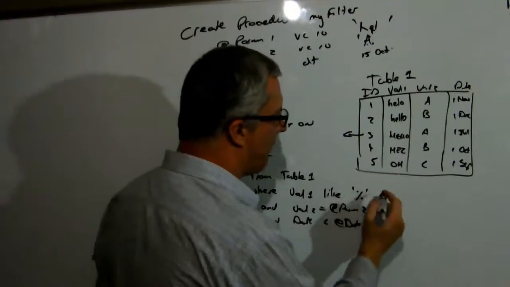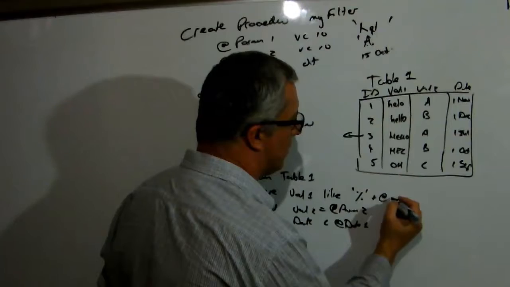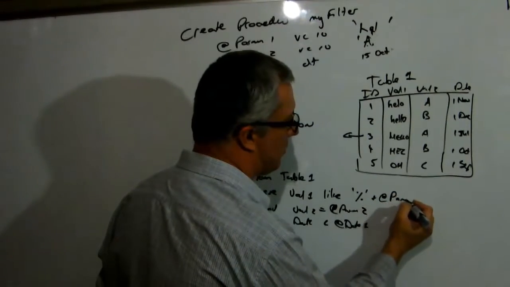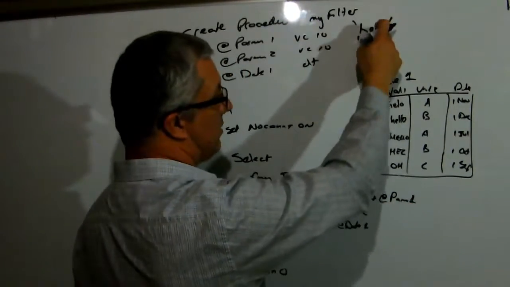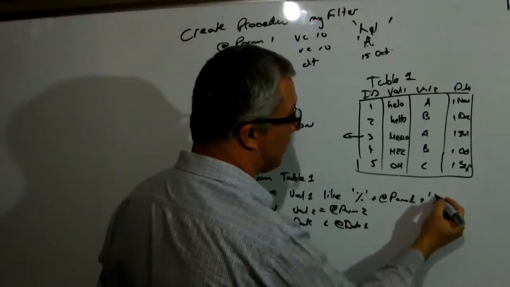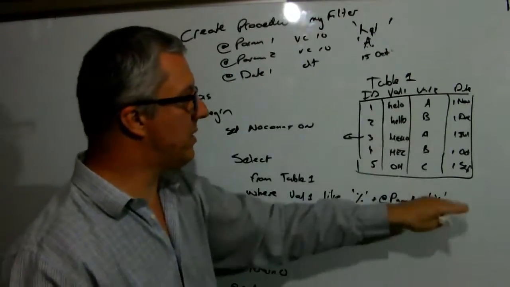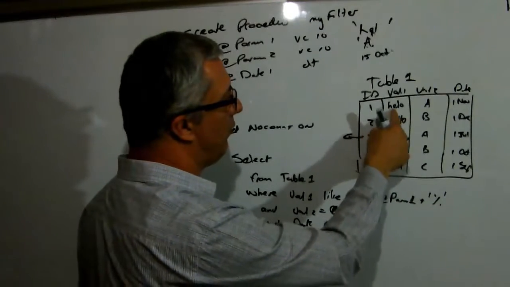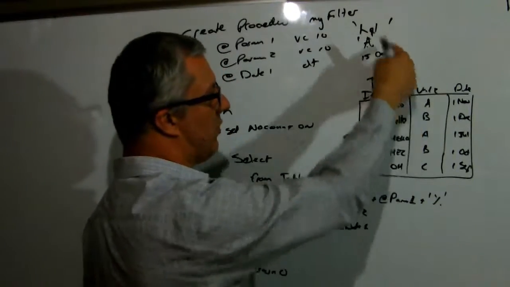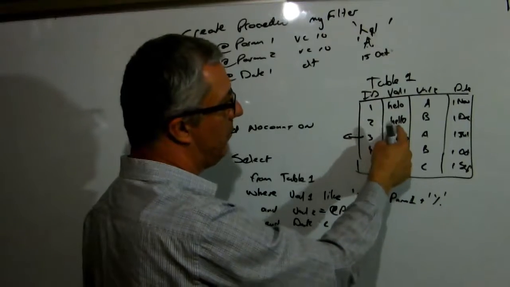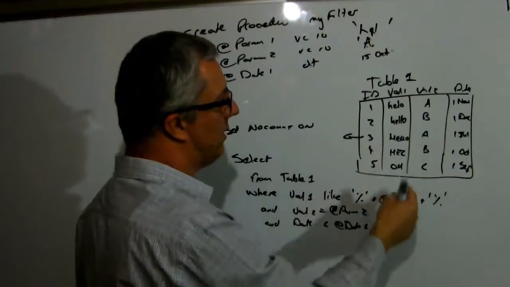So I want any value plus my parameter 1, which then contains L, plus any value. So anything plus L plus anything. So that is anything before plus L plus anything after. So that is true. That is anything plus L plus everything thereafter.